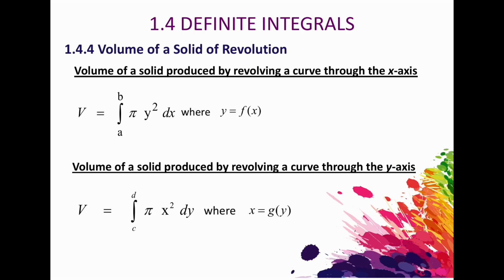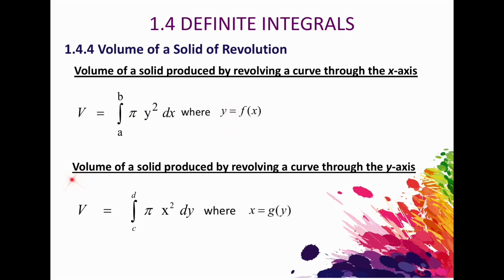So this is the formula for the solid produced by revolving a curve about the x-axis. This is actually the formula for the volume. When we want to find the volume, we have to express y squared in terms of x, and then we have pi here, where y is equal to f(x).